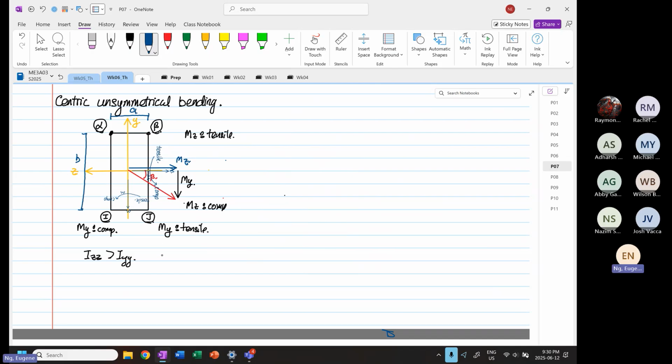We know that B is greater than A. So when we write out IZZ, IZZ is A B cubed over 12. And this is greater than IYY, which is equal to, so the width is B, A cubed over 12. Okay, makes sense, right?